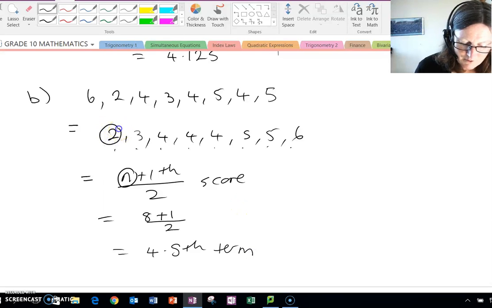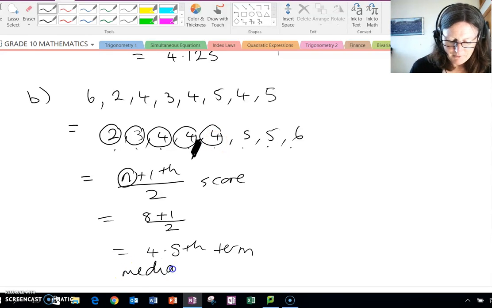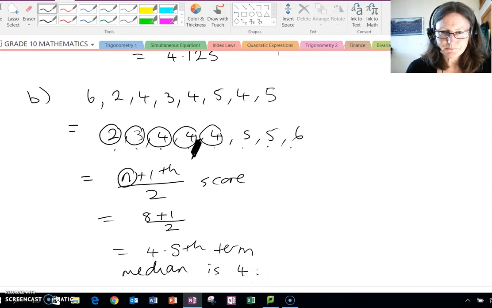Here's the first term, second term, third term, fourth term. Here's our fifth term. The median was at the 4.5th term. So what would be in between these two? Well, they're both 4. So the median is 4. That's one way to do it.